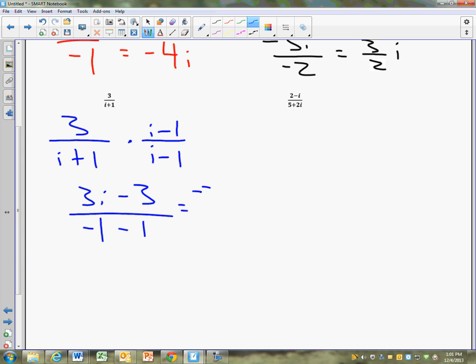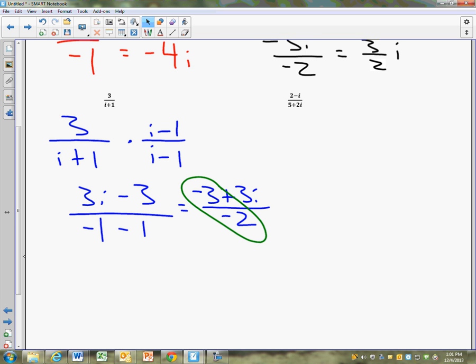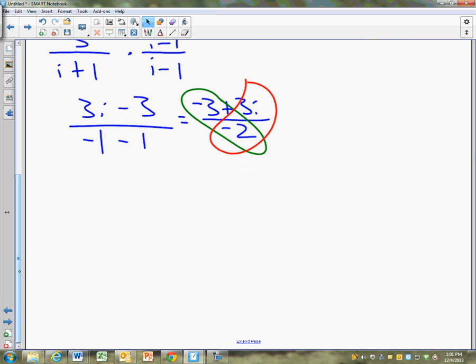So you get negative 3 plus 3i all over negative 2. Now, you can't leave it like that because everything is written in the form of a plus bi. So that will be our real part, and that will be our imaginary part. So what's negative 3 over negative 2? 3 over 2.